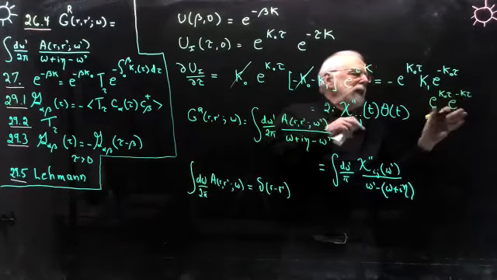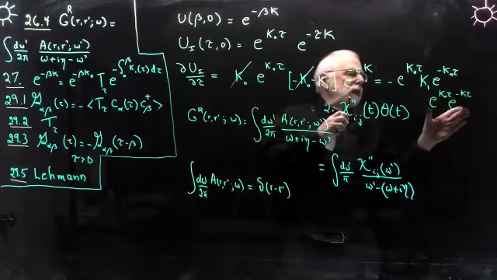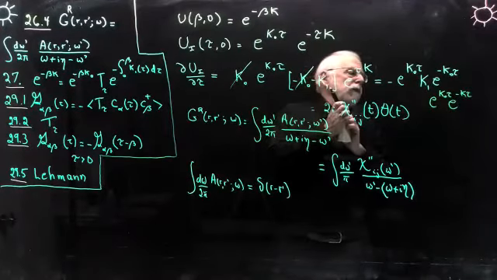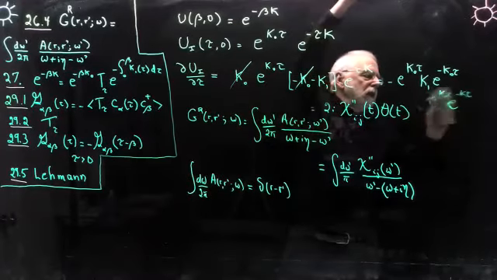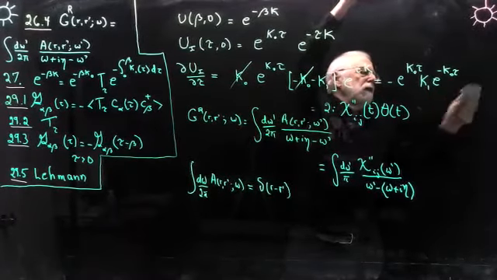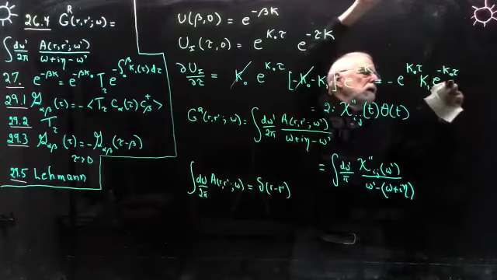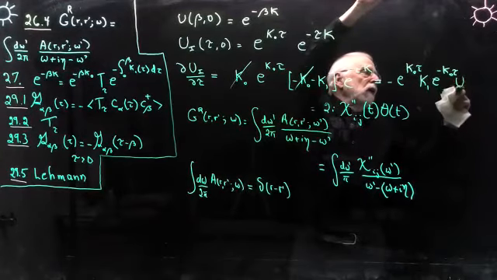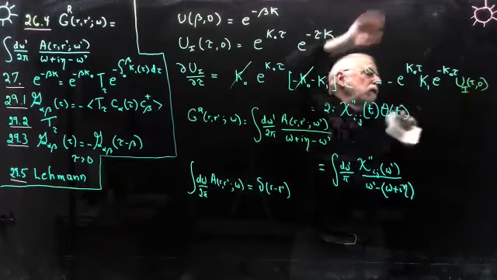Okay, so this is just U_I. So I have U_I of tau 0.